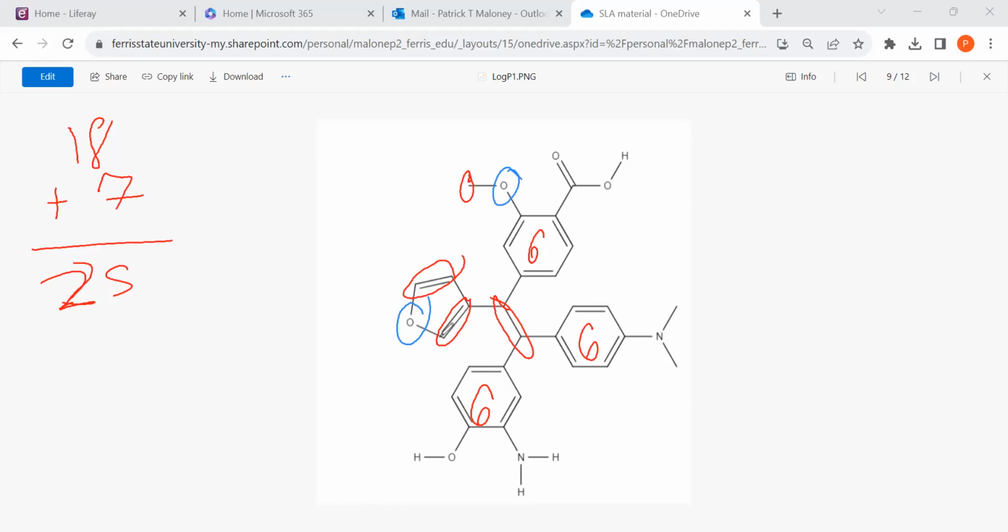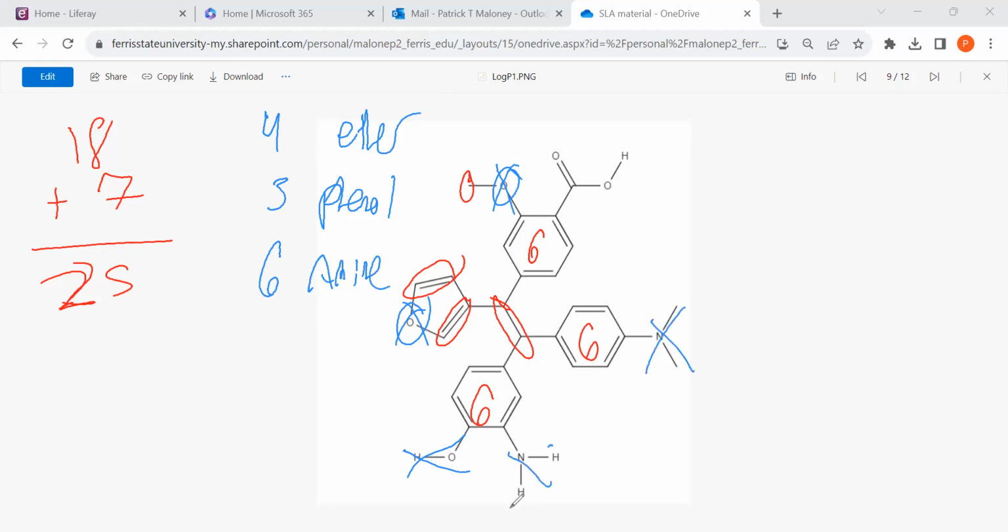2 polyfunctional ethers, that's going to be 4 for the ether. 1 phenol is going to be 3. Crossed off, crossed off, crossed off. 2 amines, that's going to be 6.